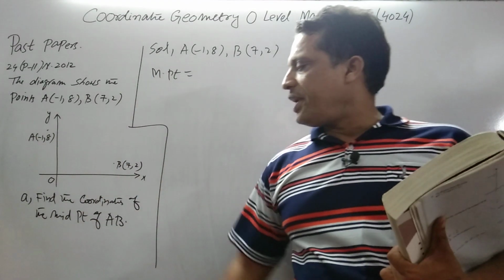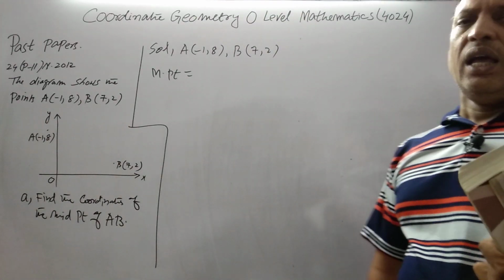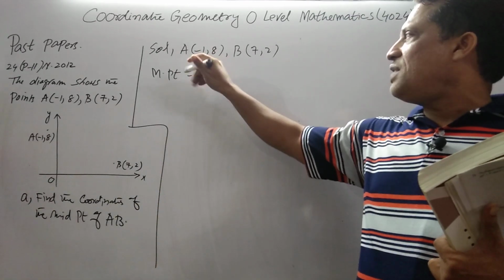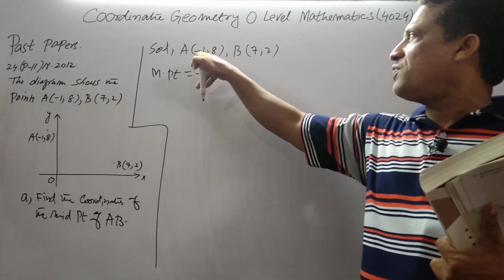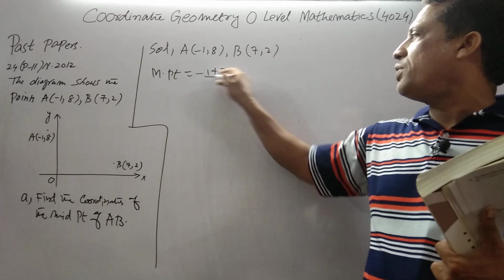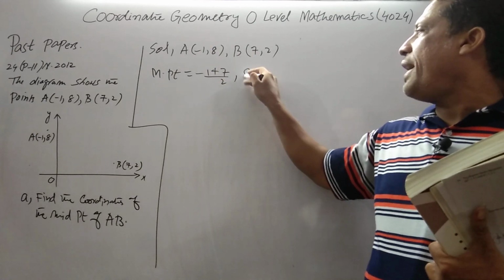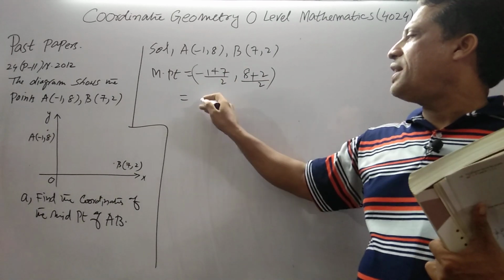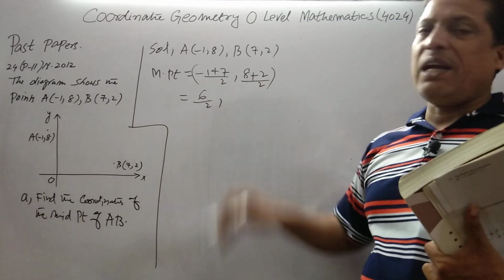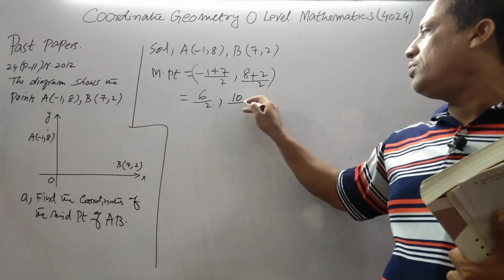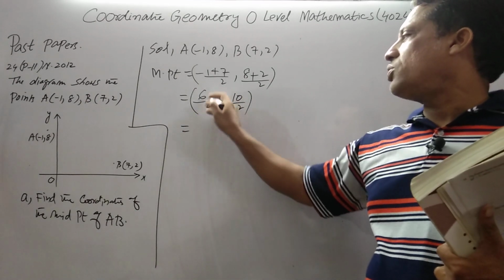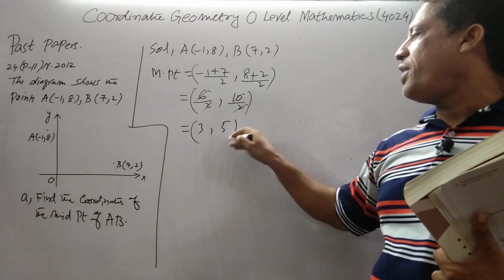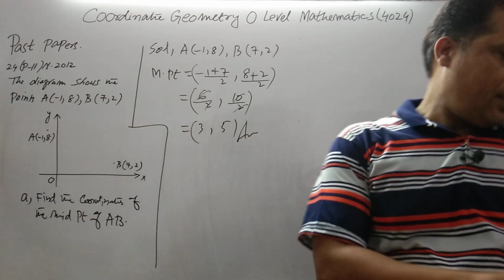What is the formula of the coordinates of the midpoint? (x1 plus x2)/2, where x1 is -1 and x2 is +7, comma, (y1 plus y2)/2, where y1 is 8 and y2 is 2. 7 minus 1 is 6 over 2, comma, 8 plus 2 is 10 over 2. 6/2 is 3, 10/2 is 5, so (3, 5) is the answer.